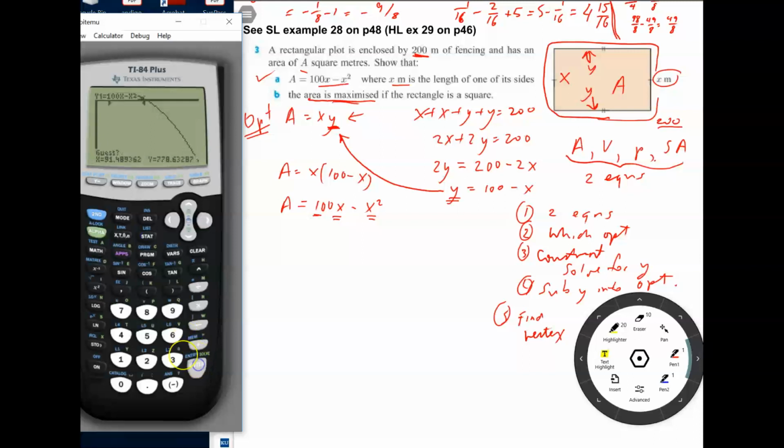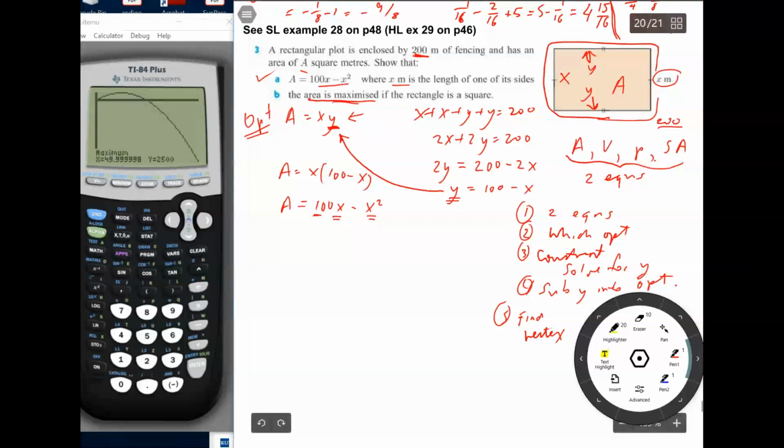Okay, that's good. Enter. And then it asks me for a guess, which is any point is fine. And it turns out that the maximum, or the vertex, which is the maximum point, is x equals 50, y equals 2500.